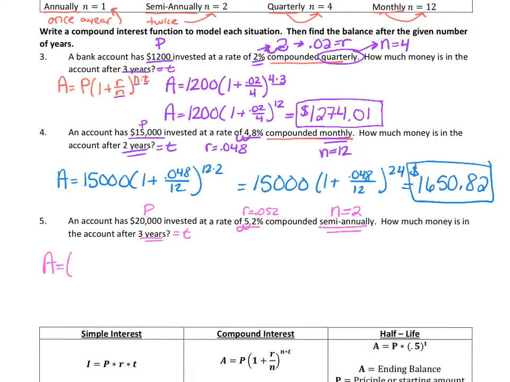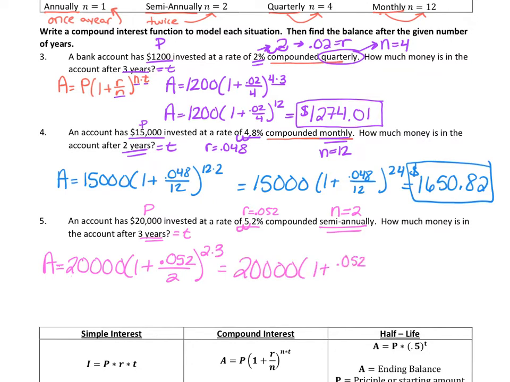So principal is $20,000 times 1 plus my rate as a decimal, 0.052, all over N, which was 2. And then 2 times 3rd power, so 20,000 times 1 plus 0.052, all over 2 to the 6th power.